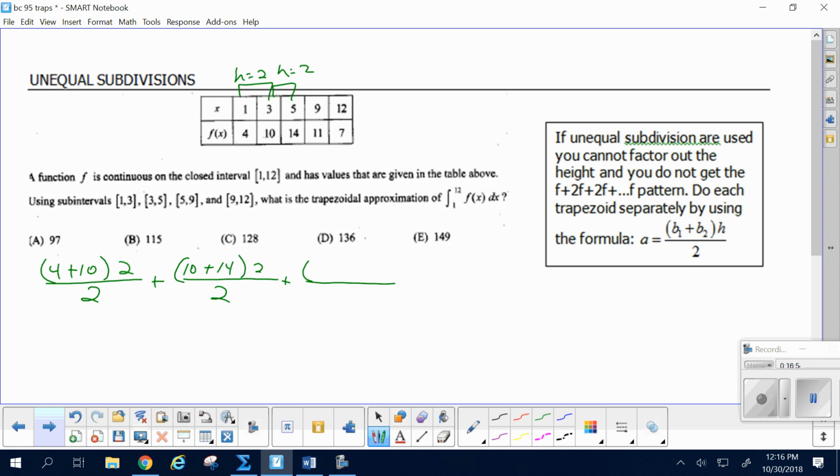The next, though, what's the height? Height is 4 now, and the bases are 14 and 11. And then the last trapezoid, the height is 3, and the bases are 11 and 7, yeah?